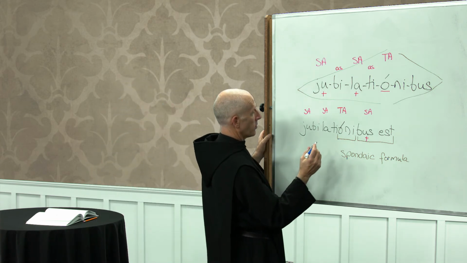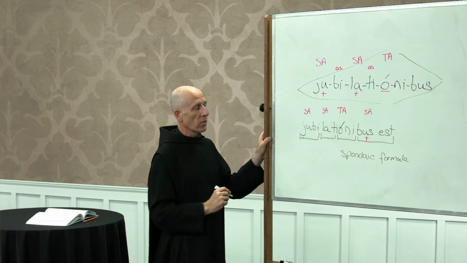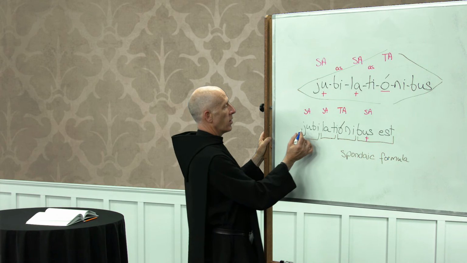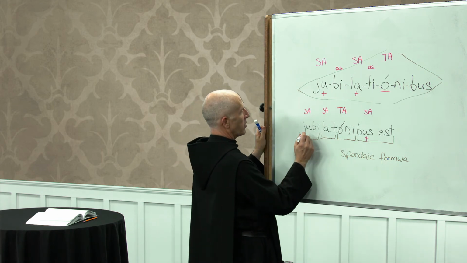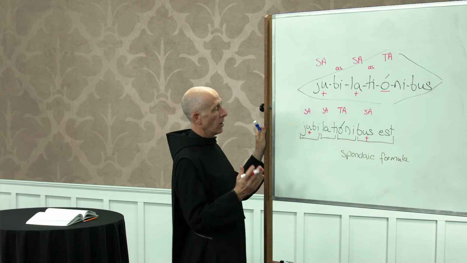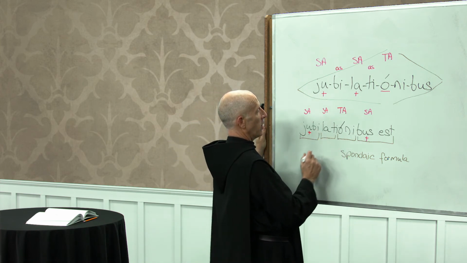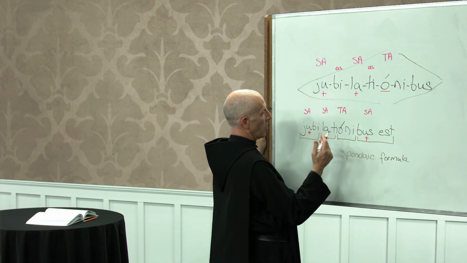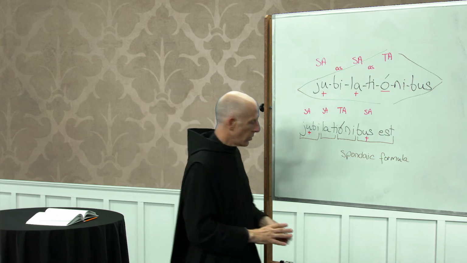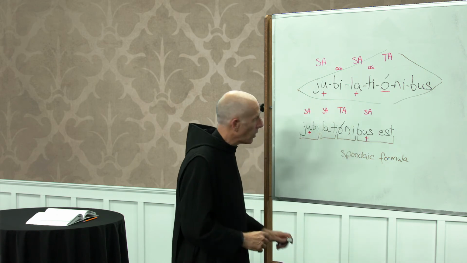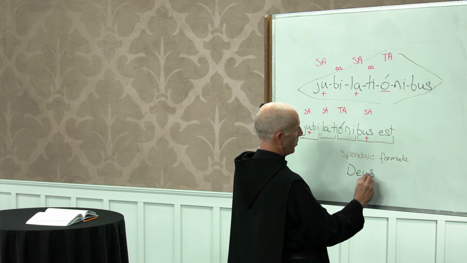By the way, latsi and ubi are also spondaic formulas. This is a secondary accent plus an atonic syllable, which does not form a complete word. And latsi, again, secondary accent with an atonic syllable, which is an incomplete word, a part of the word. So all of those are spondaic formulas, whereas a real spondee would be something like deus.